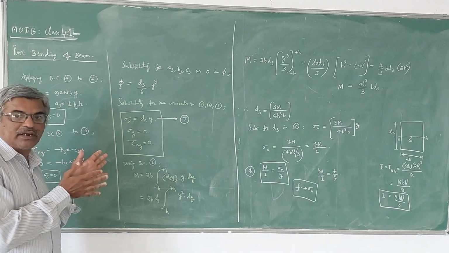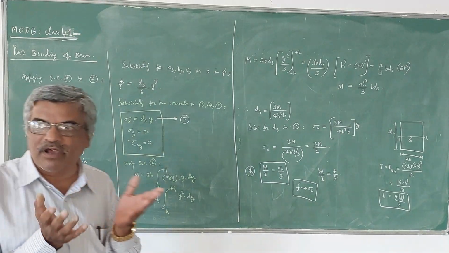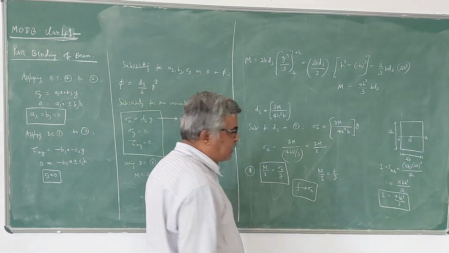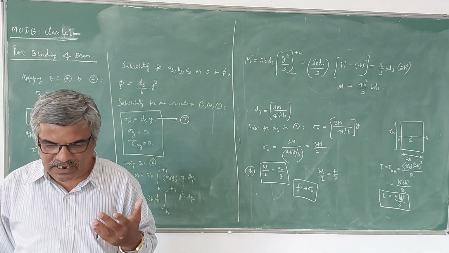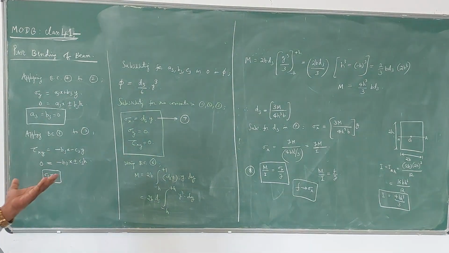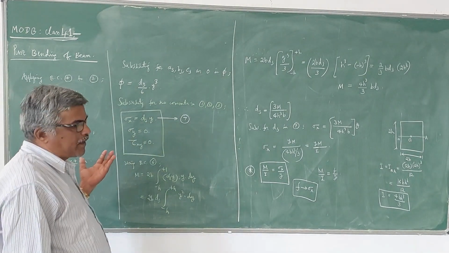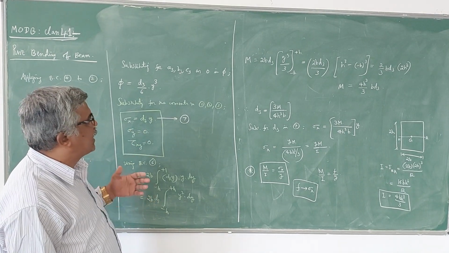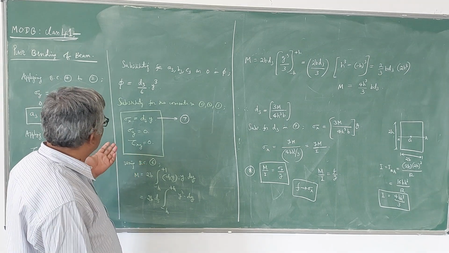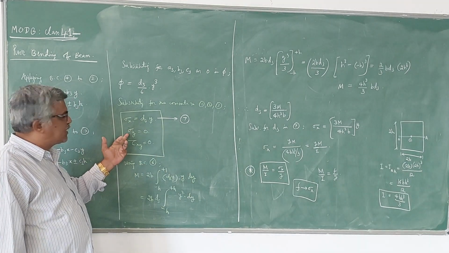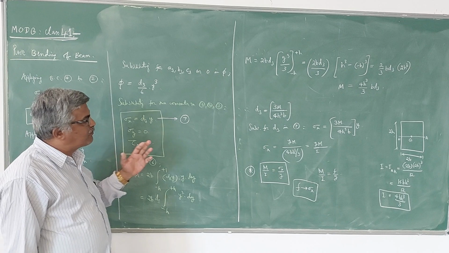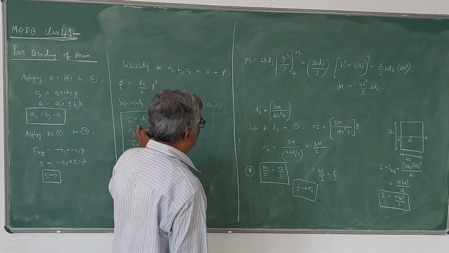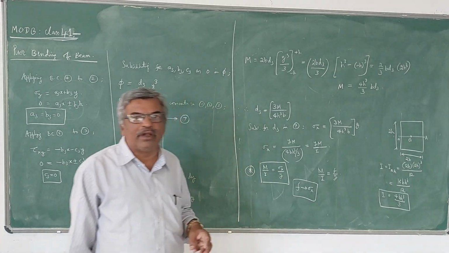There are three boundary conditions: sigma y is 0, tau xy is 0, and the bending moment is constant. I have shown how to write those expressions. Then substitute the boundary conditions to get the constants. Later, on substituting back, only sigma x exists; sigma y and tau xy become 0. After evaluating d3, substitute it once again in the expression for sigma x and arrive at the pure bending equation.